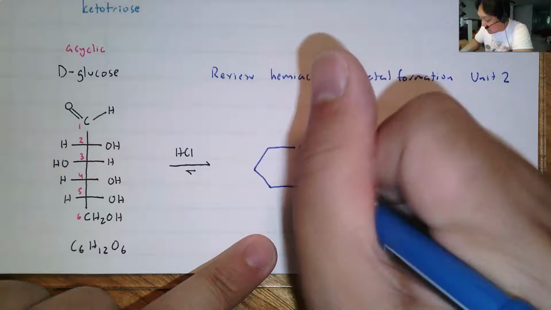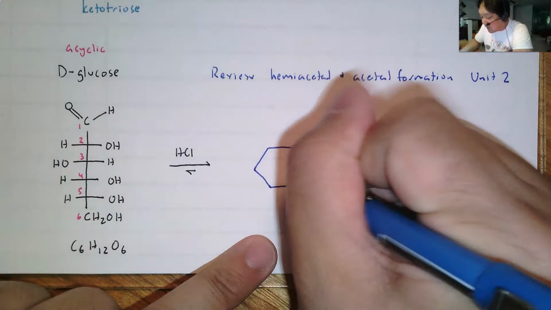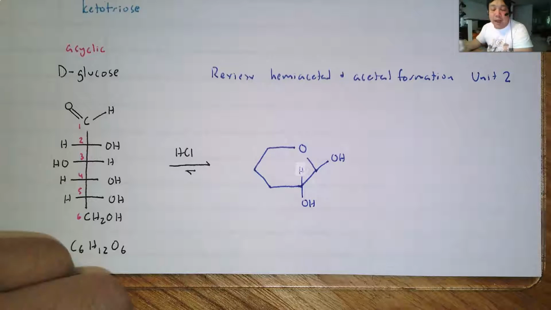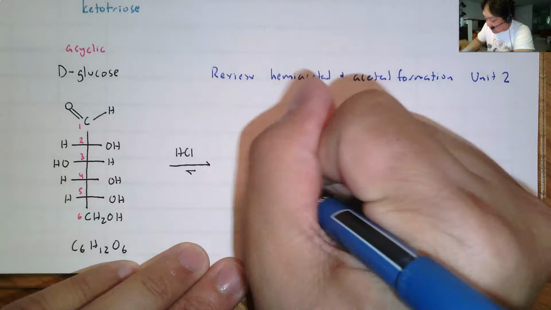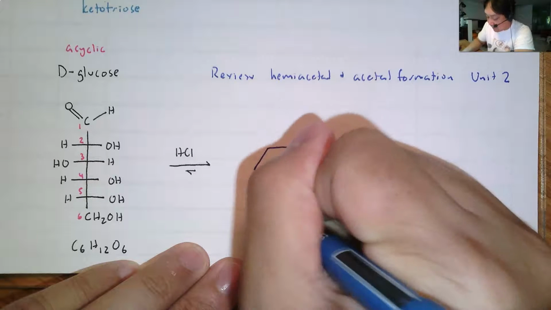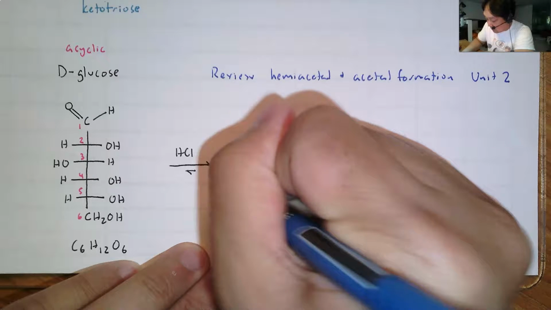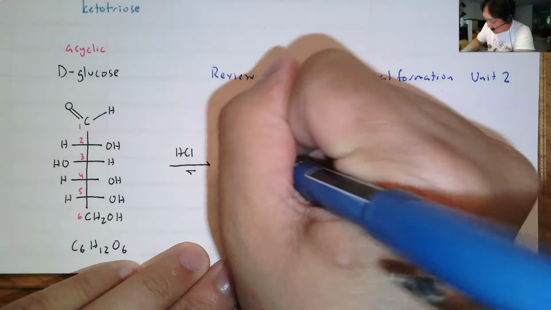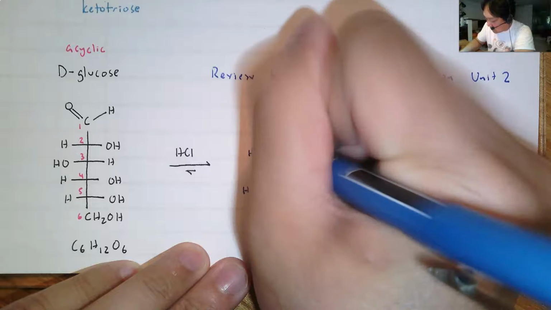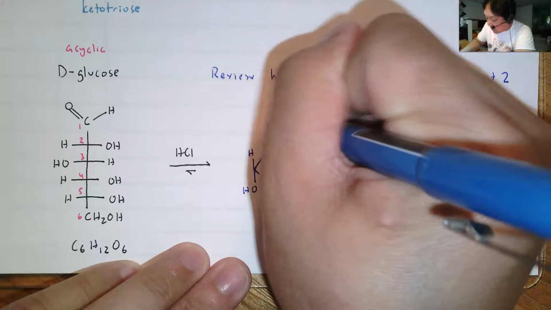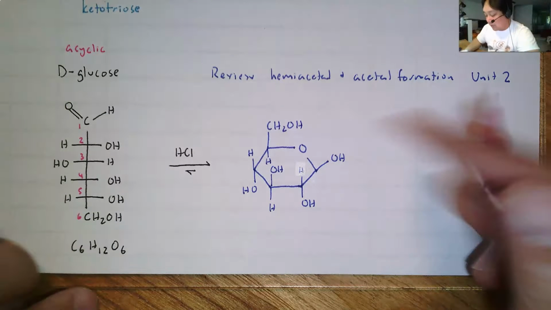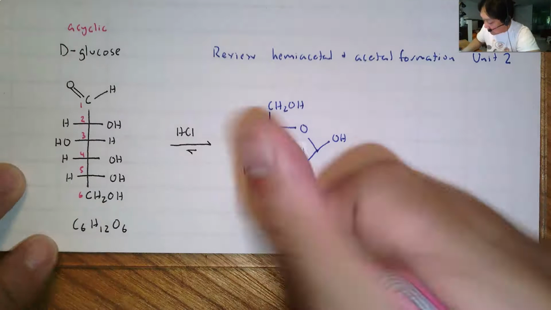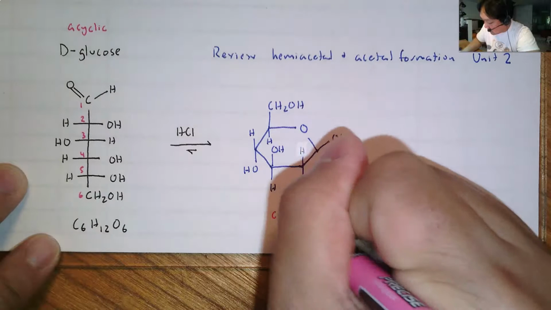I'm not specifying equatorial or axial, if you remember your chair conformations. We're not dealing with that right now. What I am concerned about at this point is, do you know where every atom is when you go from the acyclic to the cyclic glucose?